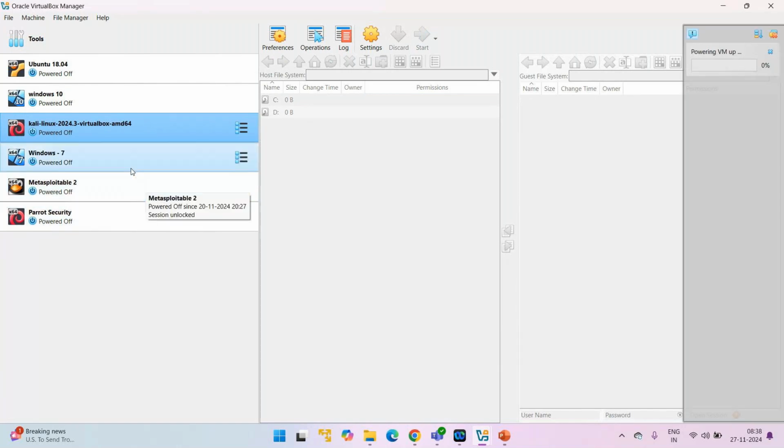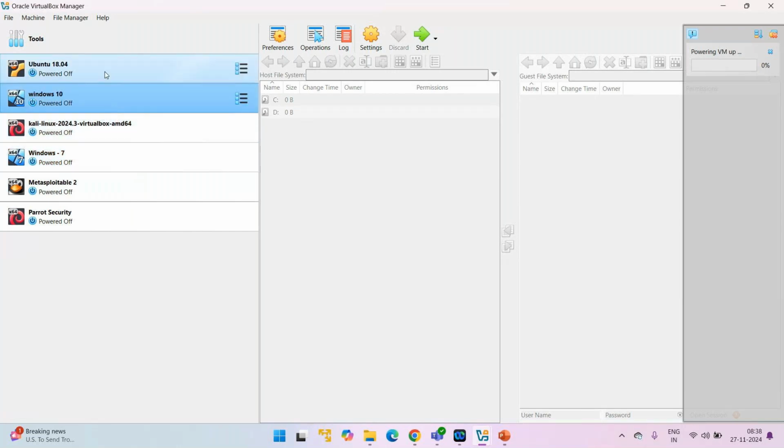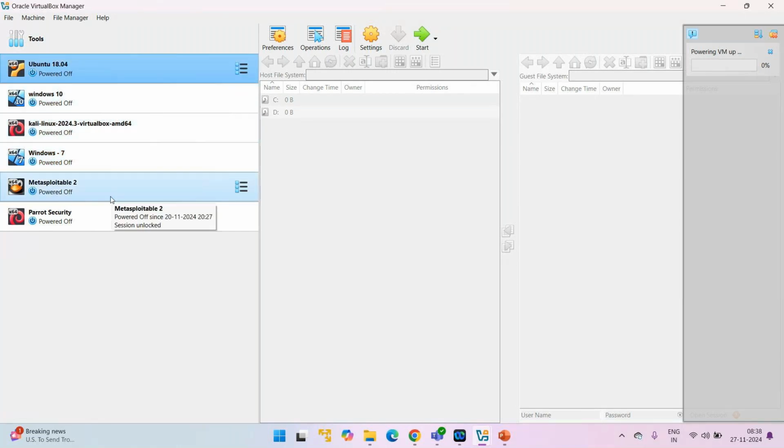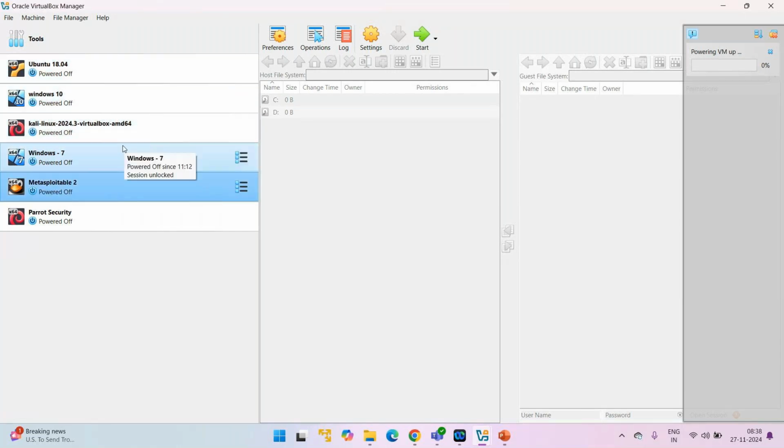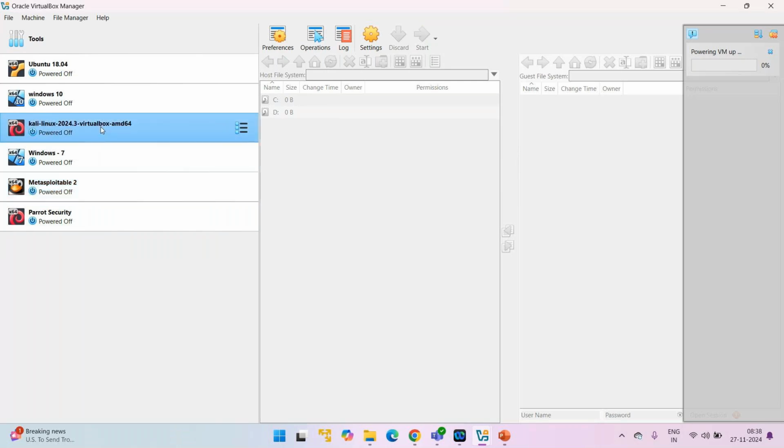It could be Windows 7, 10, Ubuntu, Metasploitable 2, or any other operating system that we can use as a target. Likewise, we'll be creating this virtual environment inside our operating system.